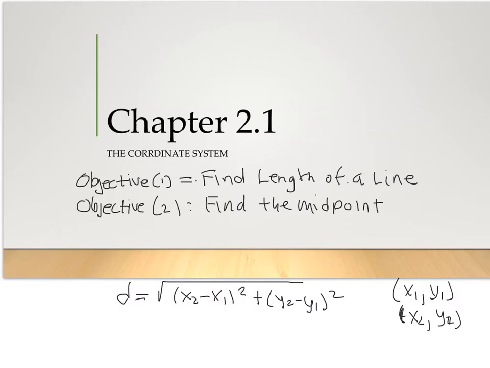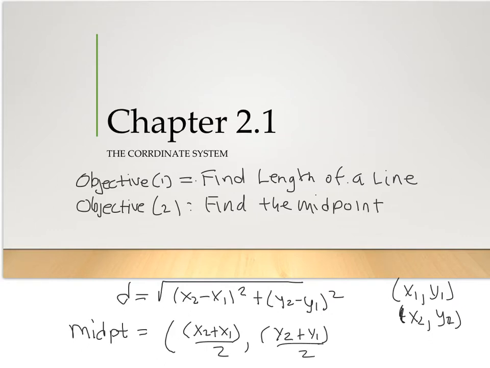Now for my midpoint formula, to find the midpoint of a line segment, I just take x2 plus x1 and I divide it by 2. That's going to be my x position for my midpoint, and for the y position it's just y2 plus y1 divided by 2. So those are the two formulas we were using in chapter 2.1.